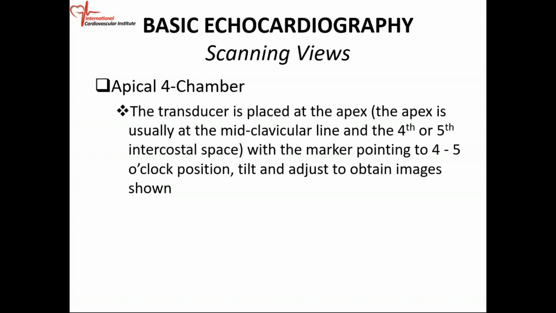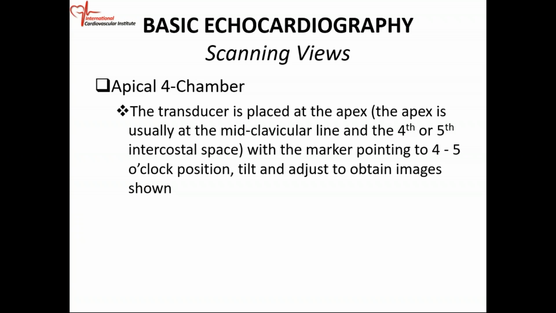So what you're going to do is put your transducer where you think the apex is, usually at the mid-clavicular line and the fourth or fifth intercostal space. The marker on the transducer, you're going to position to about the 4 or 5 o'clock position, and you're going to tilt and adjust to get the image that you're supposed to get.